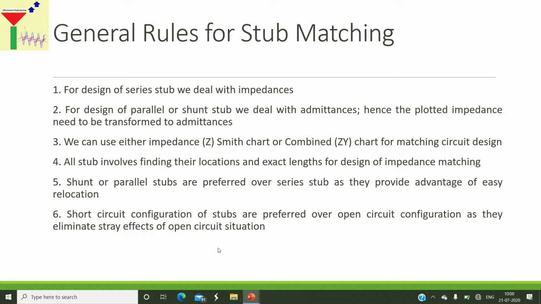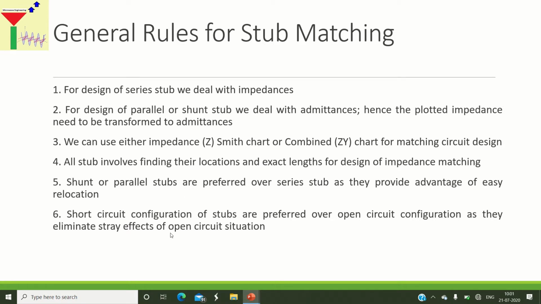Okay, so the next thing, why short circuit configurations are preferred. The short circuit configurations of the stubs are preferred over open circuit configuration, as these short circuit configurations are going to eliminate the effect of stray capacitance which may be produced in the open circuit situation. Okay, so it is not a hard and fast rule again, but normally whenever it is asked to design a stub, we make use of parallel stub and also short circuit configuration because it is going to provide us these two advantages.